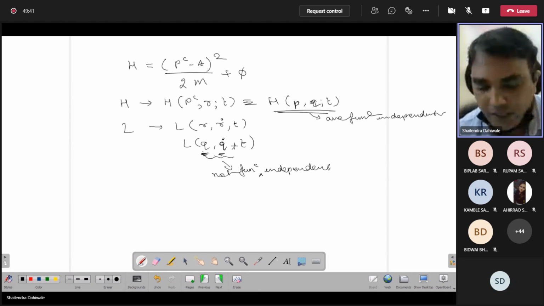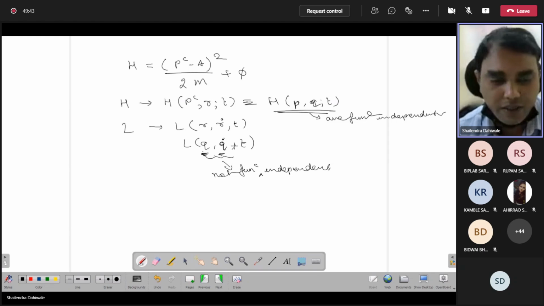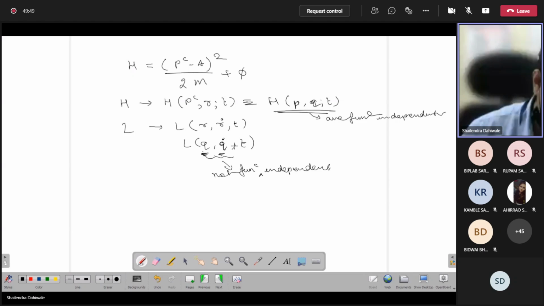We'll come to that again when I go through the Legendre transformation and how these components get independently equal to 0. So H is a function of canonical momentum, generalized coordinate, and T, and the Lagrangian is a function of generalized velocity, generalized coordinate, and T.